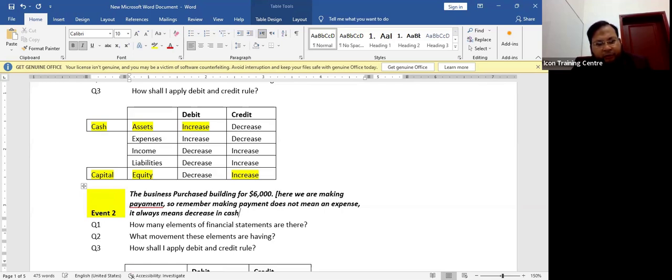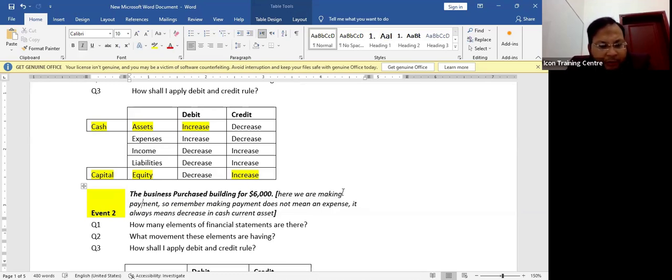Cash, current asset. Now this is the misconception. Most of the students think that when we are making payment, it is our expense. No. When we are making payment, it will never be considered an expense. Rather, it will be considered the decrease in cash current asset. This is very important.